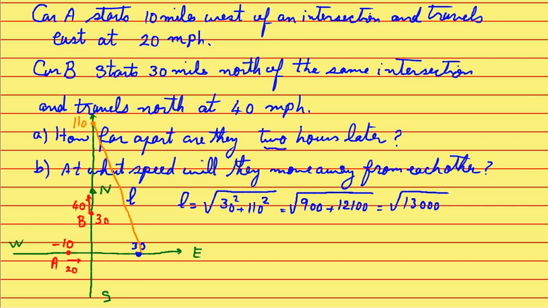That's how far apart they are 2 hours later. If you're curious about the distance, you can use your calculator and figure out what that is. It turns out to be approximately 114.02 miles.